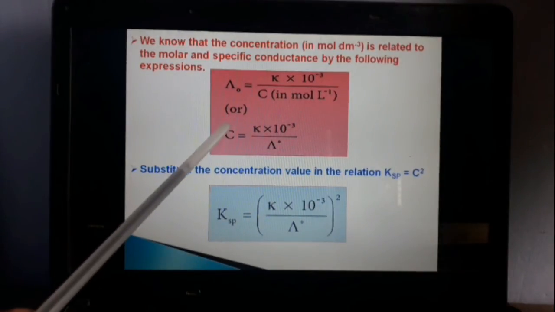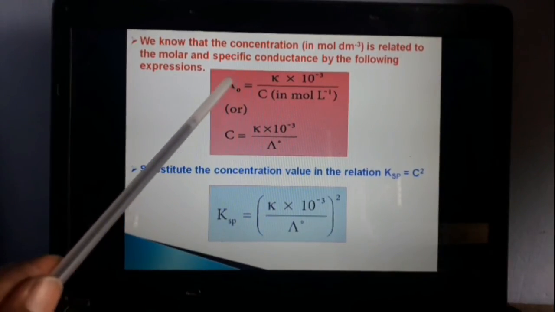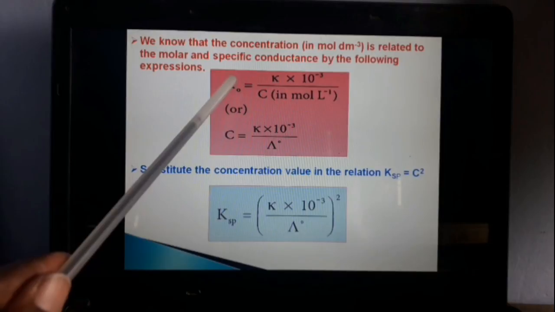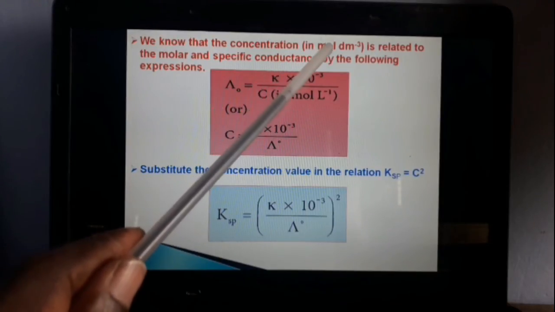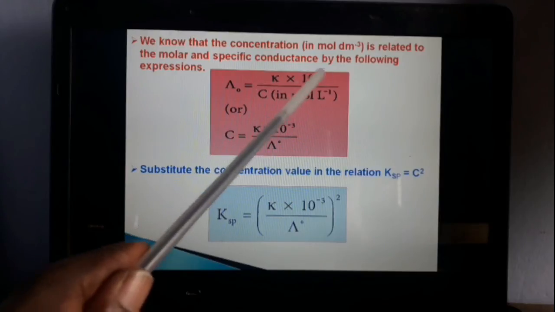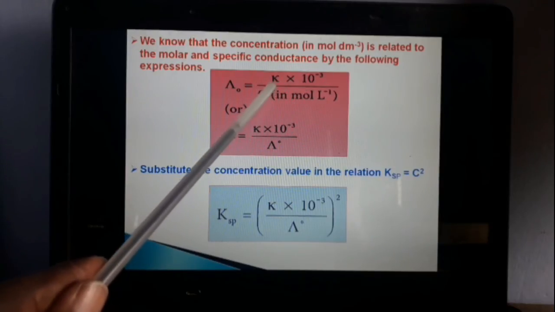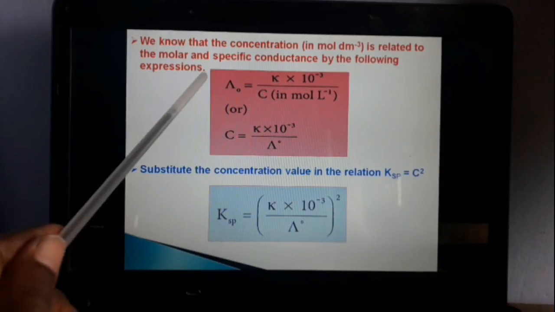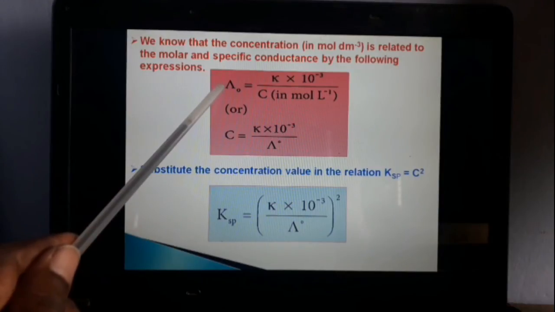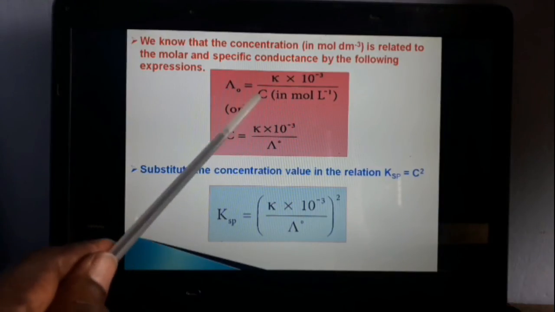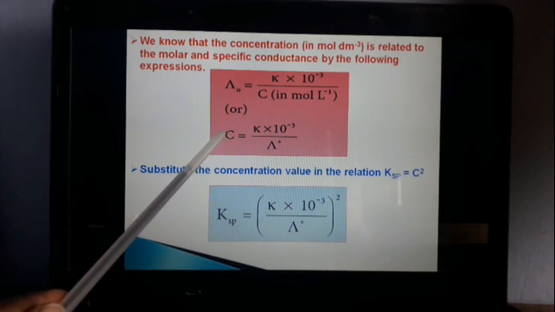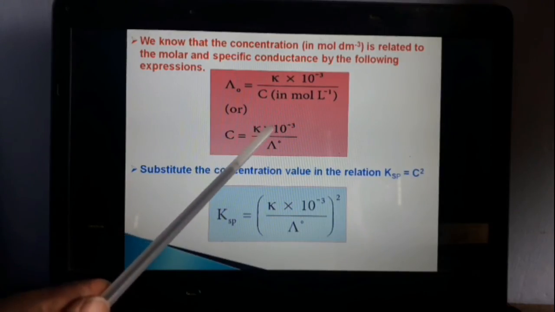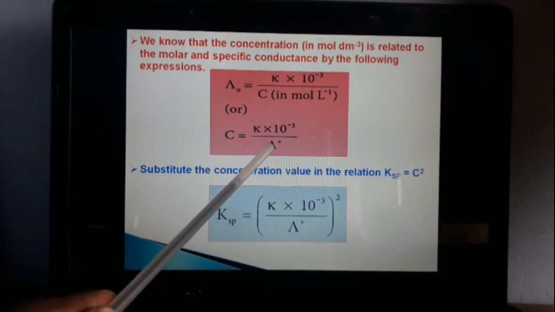Next, we already saw that molar conductance lambda 0 is equal to kappa into 10 to the power of minus 3 divided by C in mole per liter. This is the formula. Now take C on the left-hand side and bring lambda 0 to the denominator: C is equal to kappa into 10 to the power of minus 3 divided by lambda 0.